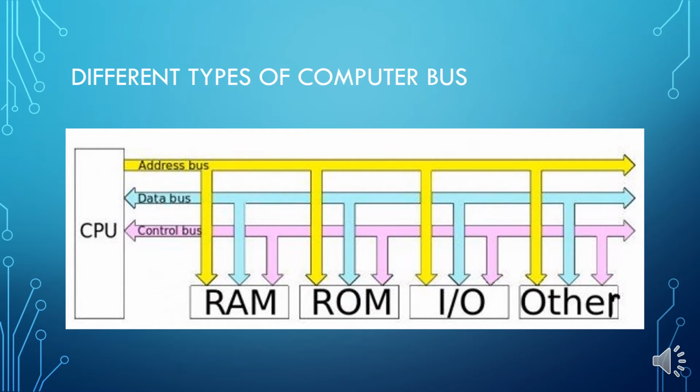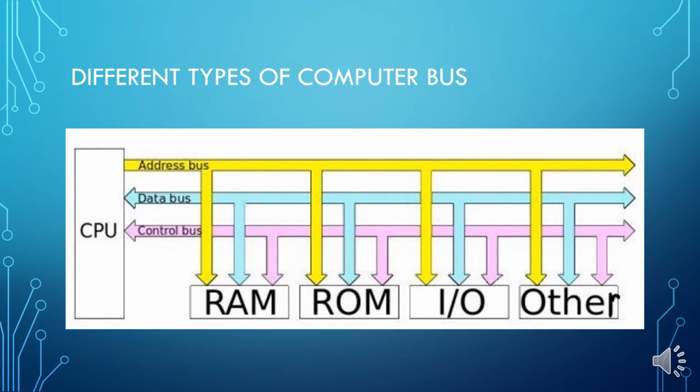In this you can see there are different types of computer buses available. We have already studied in microprocessor 8085 that there are three types of bus: address bus, data bus, control bus. All buses have access to RAM, ROM, IO and other peripheral devices.